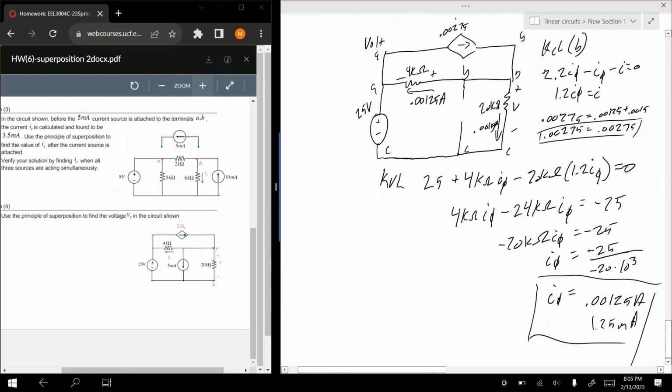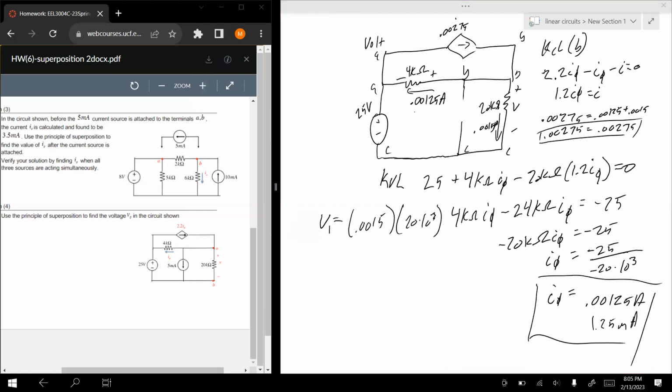So what is the V? Let's not forget Ohm's law. V is equal to the current, 0.0015, times the resistance, 20 times 10 to the 3. Let's just plug that in. This is only V1 though. This isn't the full answer.